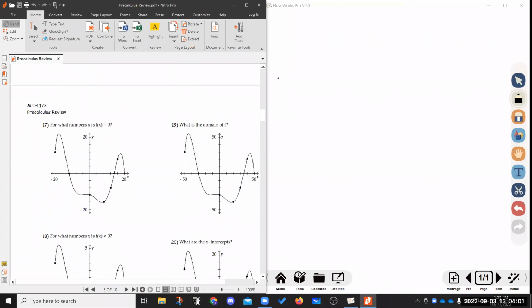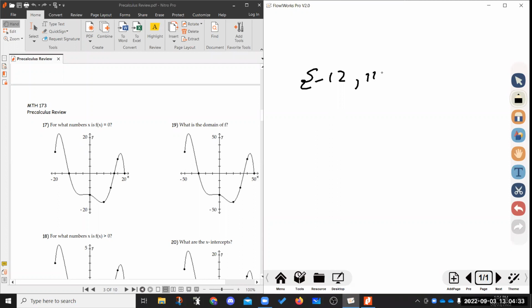For what numbers is f of x equal to 0 for the graph for number 17? So again, we've got to look at tick marks here. 1, 2, 3, 4, 5. So each tick mark is worth 4. So we've got -12. We have that is 12, and a little bit more is maybe, that looks like halfway between.